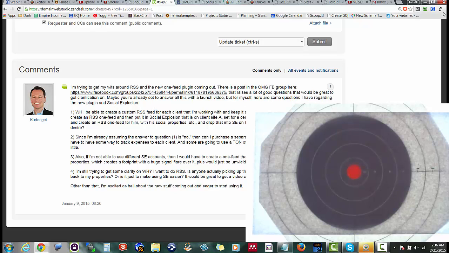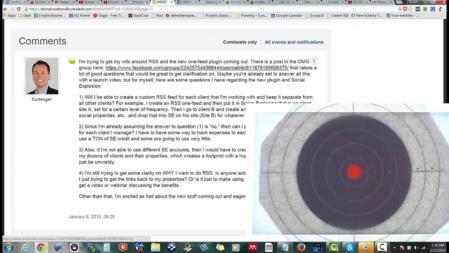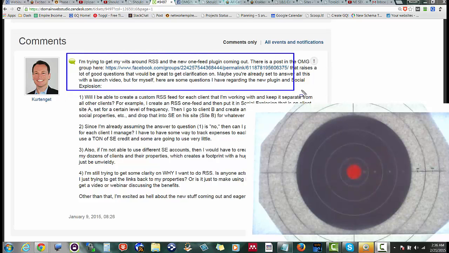Kurt brought up a point on the OMG Facebook page that's been going on, and I've tried to address that. I realize that we have a lot of things happening all at the same time. We have the One Feed Supercharger, Social Explosion. All of them are fairly complex pieces of software, and they are designed the way that they are right now in their evolutionary process.